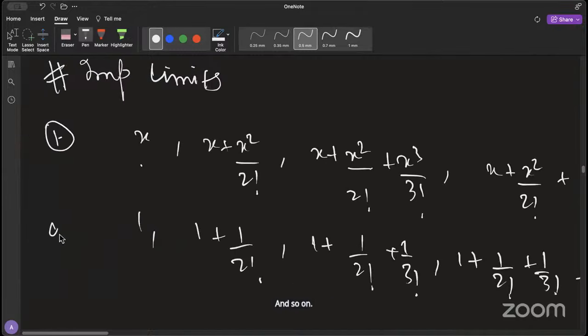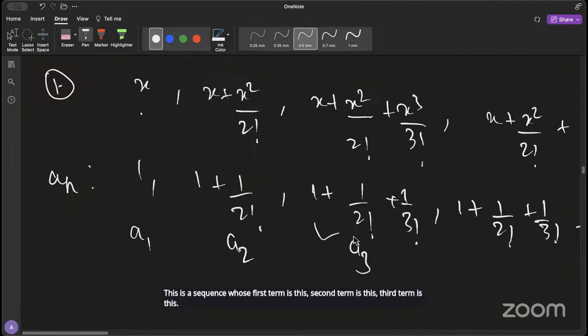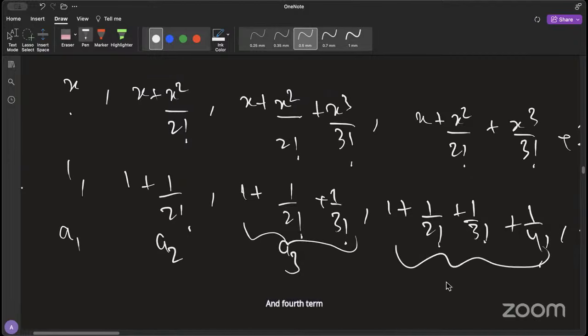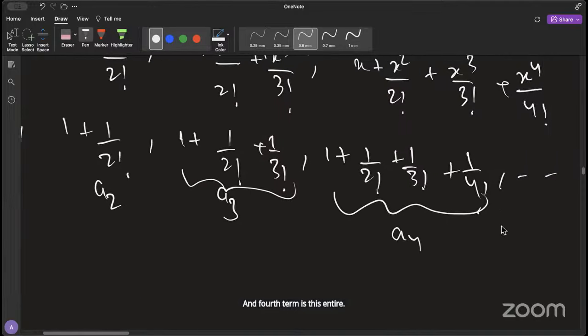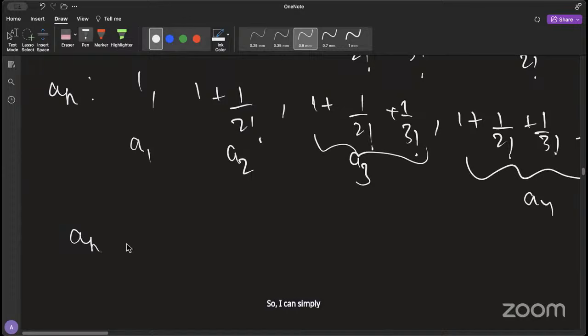Now this is a sequence, right? This is a sequence whose first term is this, second term is this, third term is this, and fourth term is this entire thing. It keeps going on, right? So I can simply write this as an is summation.